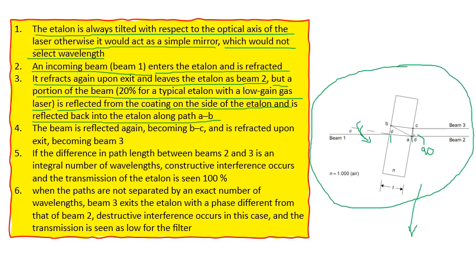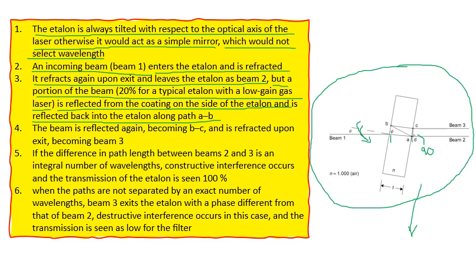A and B, reflected, reflected. So the beam is reflected again, becoming B and C, B, C here.